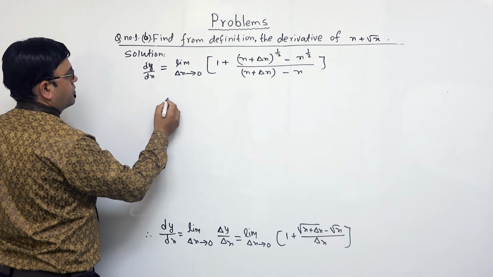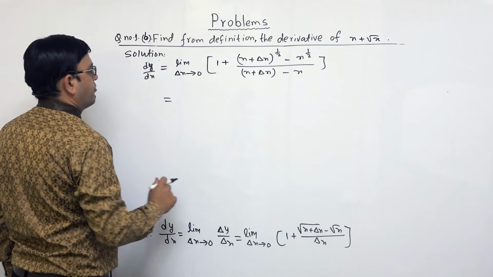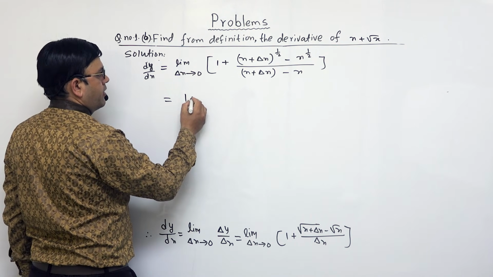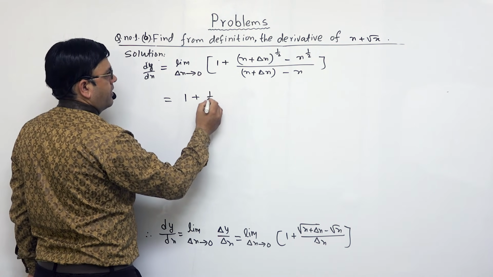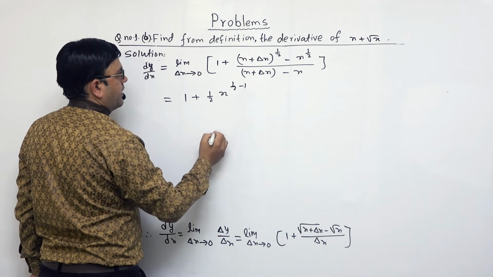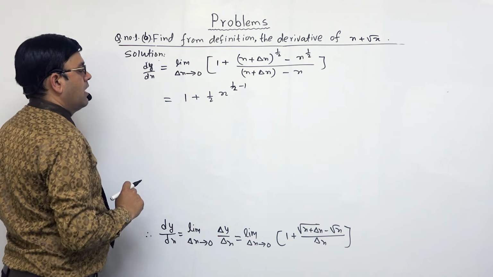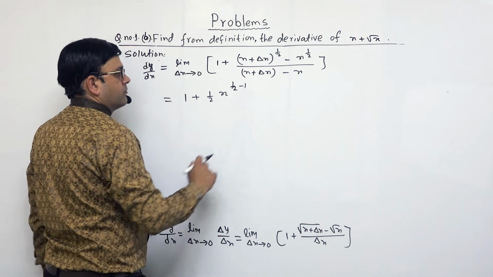Now this is equal to, students, here we have to write 1 plus 1 by 2 x to the power 1 by 2 minus 1. हेर्नुस् है त हामीले यो कसरी लेखेका छौं.